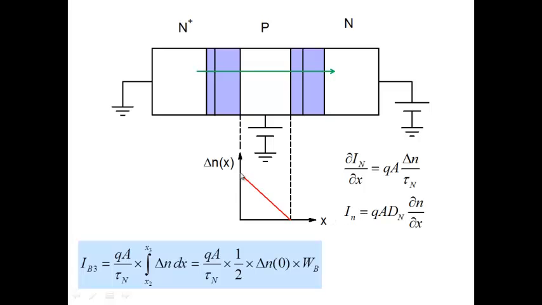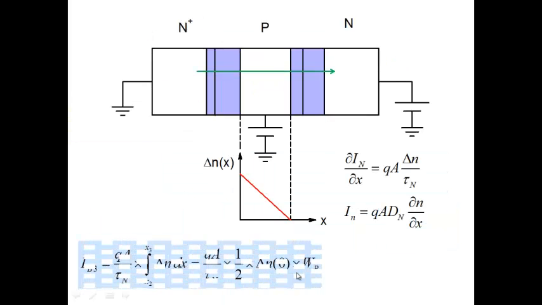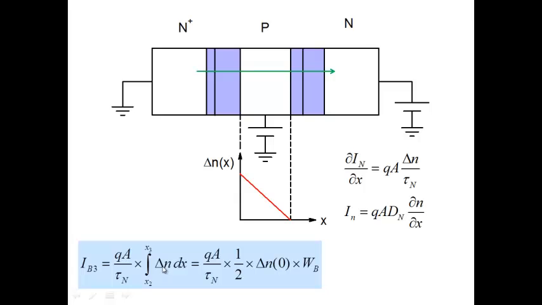Once you think of it as linear, then my base current, QA over tau N times the integral of delta N of X, is simple. The integral is nothing but the area under this graph here: half delta N0 multiplied by the effective base width, which is WB. So that's how we end up with an expression for IB3.